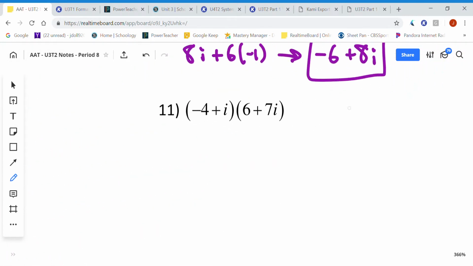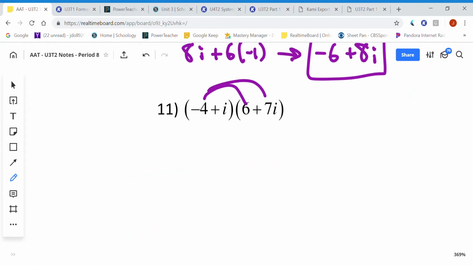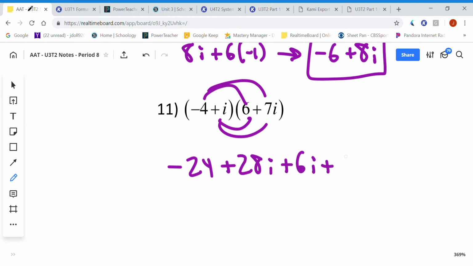Once again, distribute. Negative 4, distribute the i, I'll get negative 24 plus 28i, I will have 6i plus 7i squared.